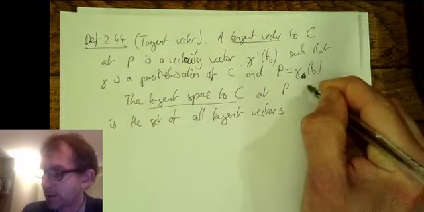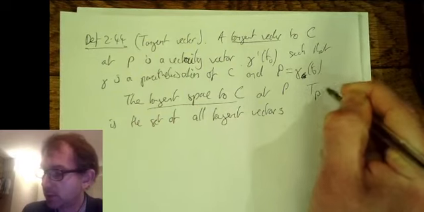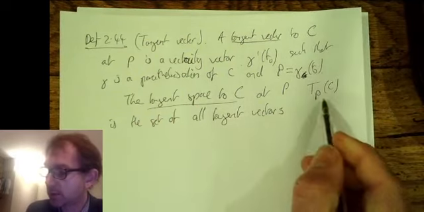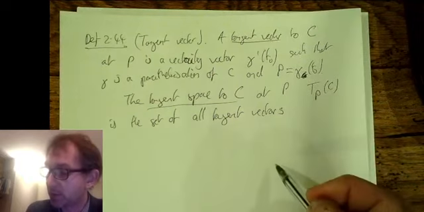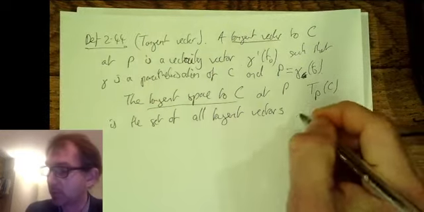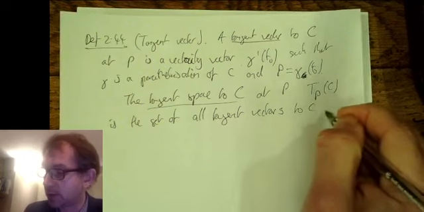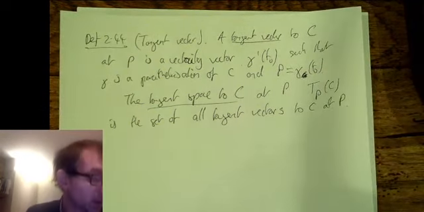So we're going to write that T_P of C, the tangent space at the point P of C, is going to be the set of all tangent vectors to C at P.